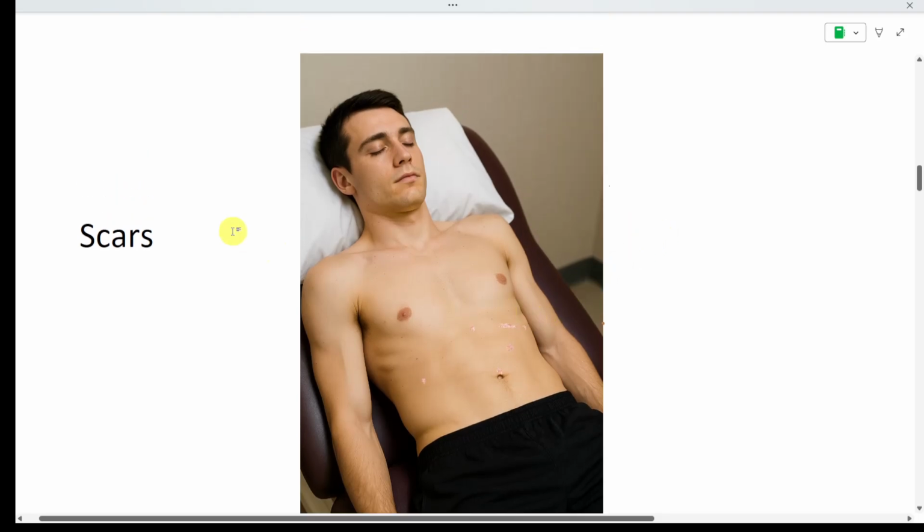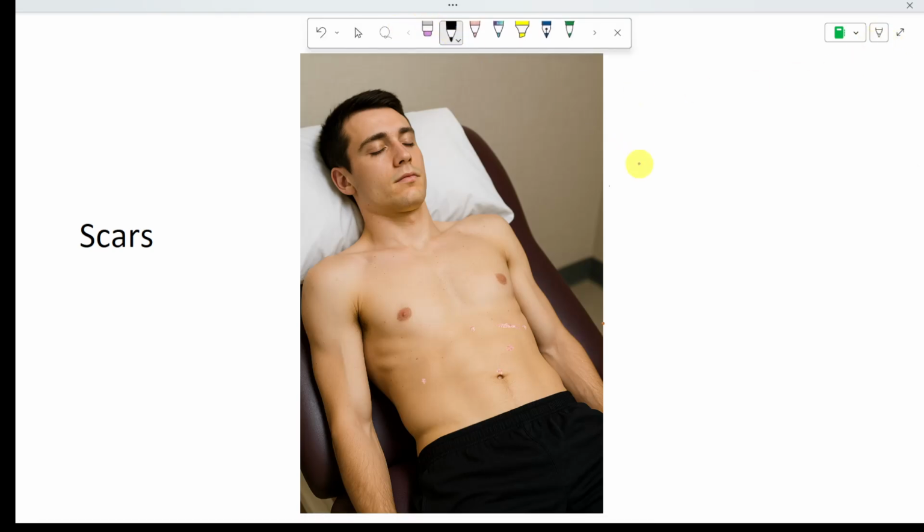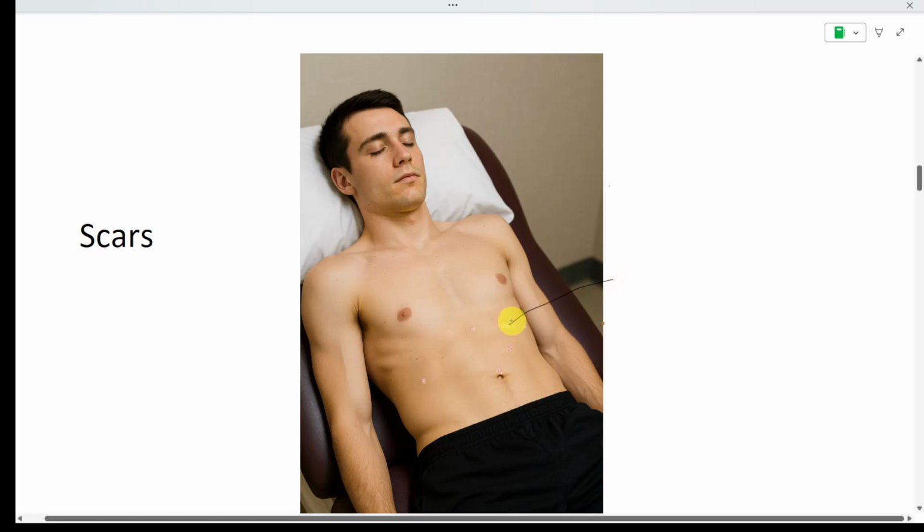Just a brief overview regarding the scars that you could find. So just know some of the scars that you could find. Basically the medicos are not really aware of the scars, so just keep in mind: if the patient has a subcostal scar like there, this subcostal scar will basically mean that the patient had a splenectomy. This is usually done for the splenectomy, and that is the elective splenectomy scar.